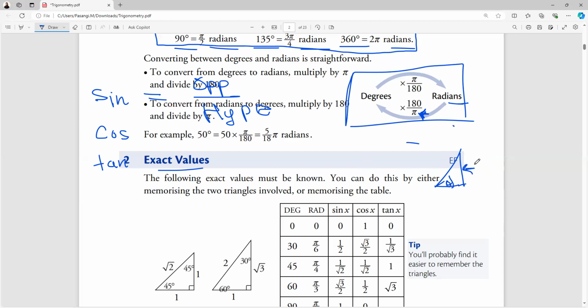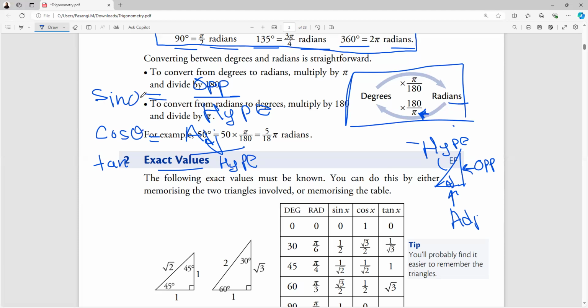This is the opposite, this is the adjacent length, and this is the hypotenuse. So sine theta means opposite divided by hypotenuse.